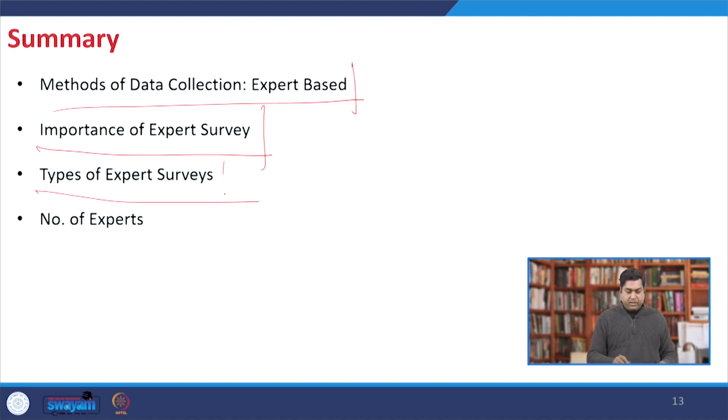Types of expert surveys: in this case we have discussed 3 types. One is one on one, where you interact with one expert at a time, and then you can check the consistency of those responses through some established statistical tools. Then we discussed Delphi, which is a method where you do some iteration.